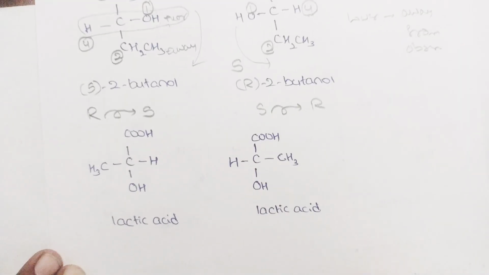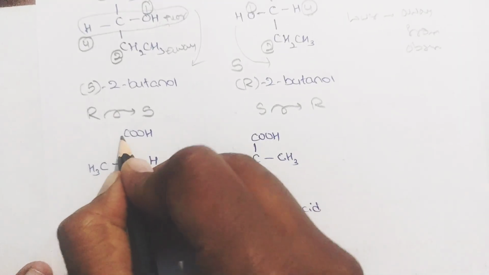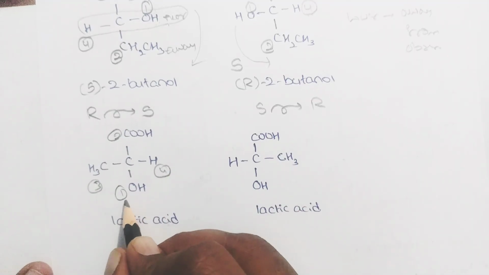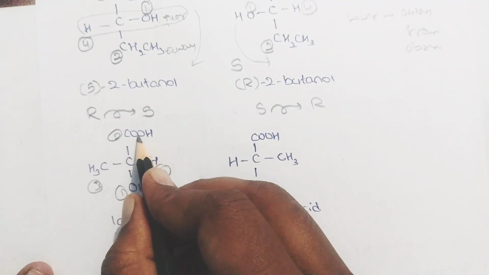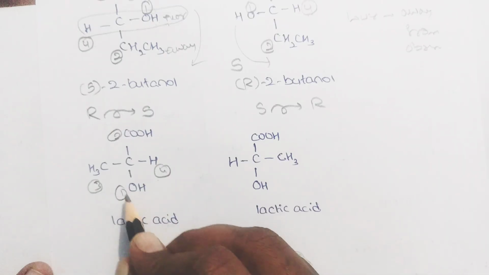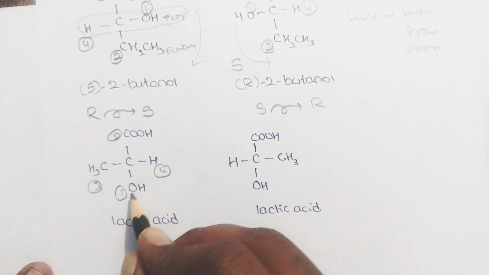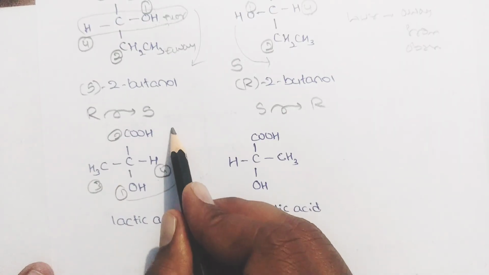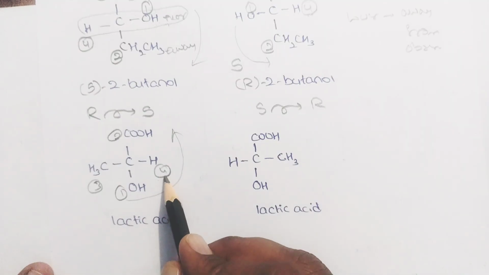The next one, this is 1, this is 2, this is 3, this is 4. When we have this case, we should not go for 1, 3. Always we should go for 1, 2, bypassing 4, because 4 is the lower priority.